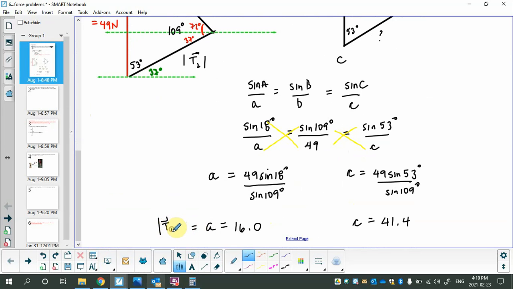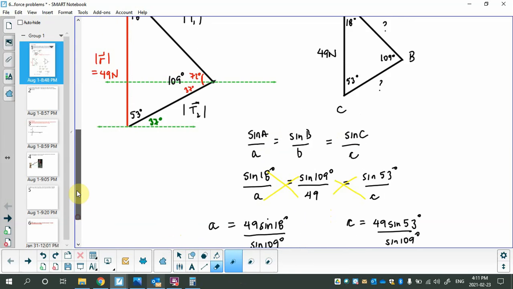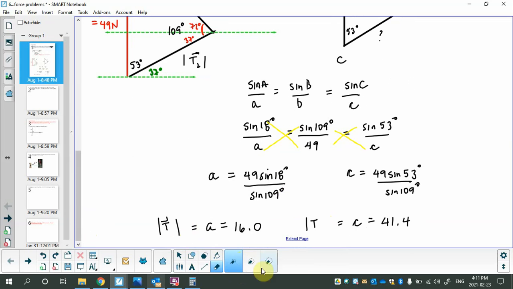And once again, magnitude. And I screwed that up. Little a is T2.